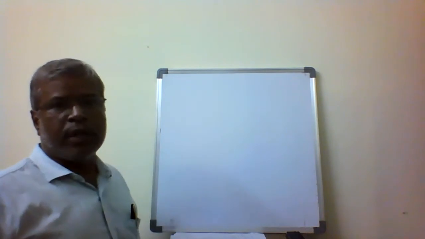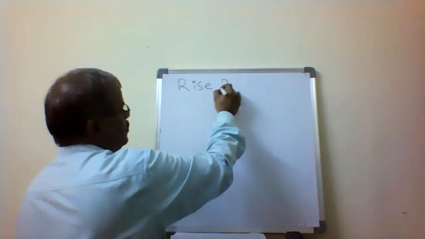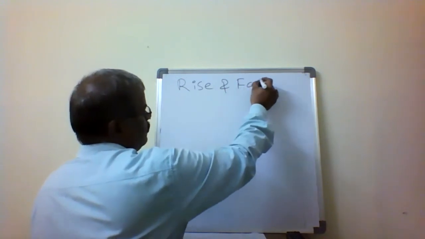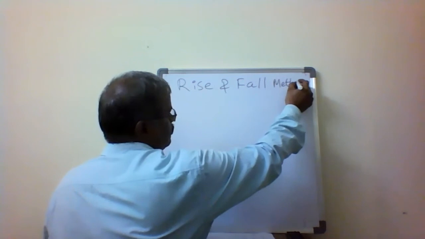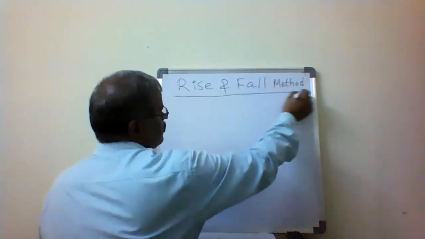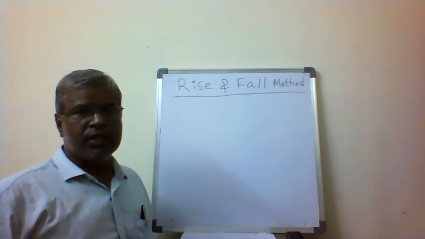Now the next one is called the rise and fall method. The second method is called rise and fall, for the calculation of the elevations.